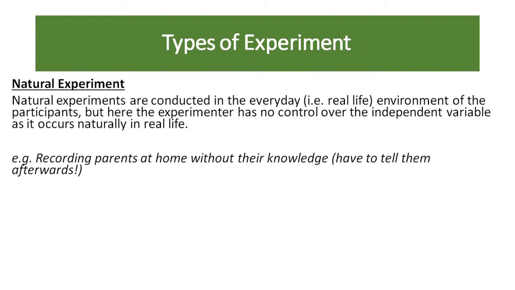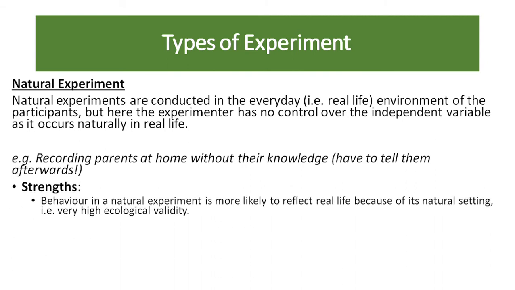So if you recorded your parents without their knowledge, that would be a natural experiment because they have no idea. And as long as they're in a natural environment, I suppose it's a bit fieldy because you're choosing to record your parents, so you're kind of choosing a variable there. But I think it's very hard to do a purely natural experiment, especially in lockdown.